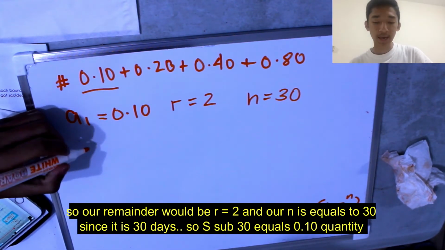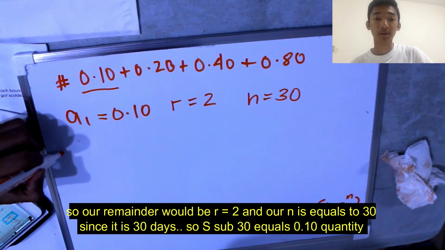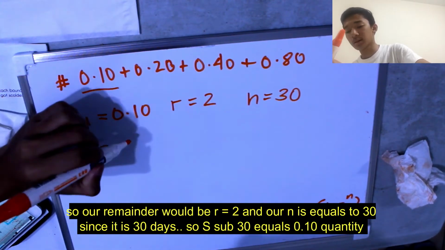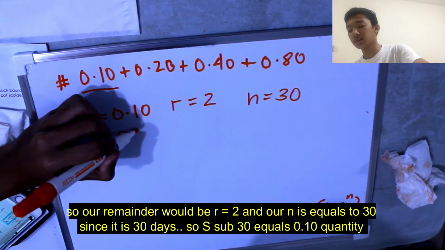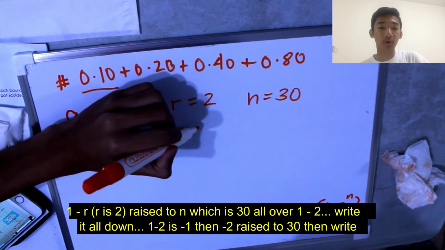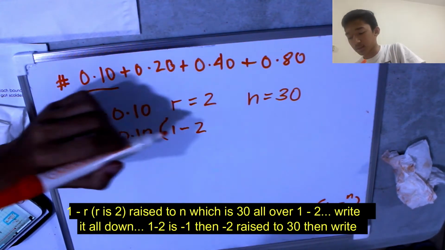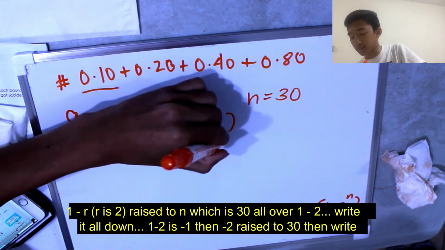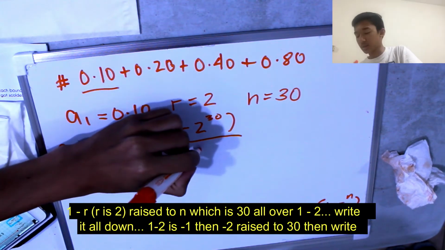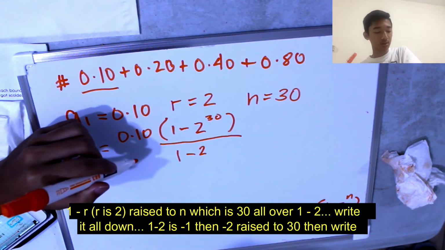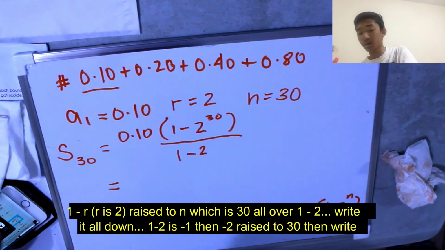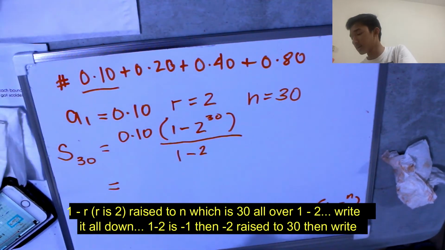S sub n or S sub 30 equals A sub 1 or 0.10 or 0.1 quantity 1 minus R, which is 2, raised to n which is 30, quantity, all over 1 minus R which is 2. So let's simplify that.